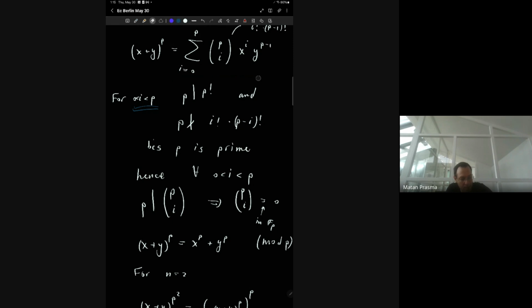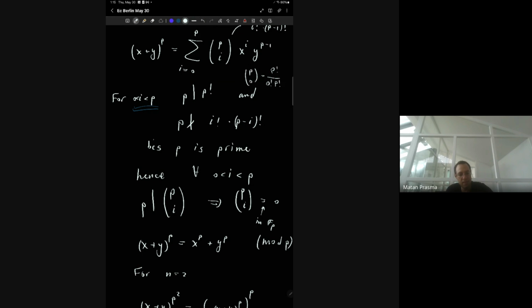It's 1, because p choose 0 is p factorial divided by 0 factorial times p factorial, which is 1. So the first coefficient is 1, and also the last coefficient is 1.